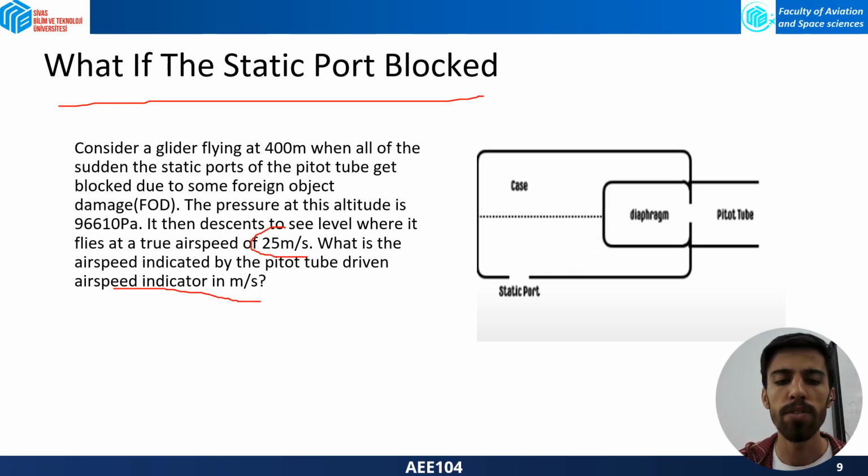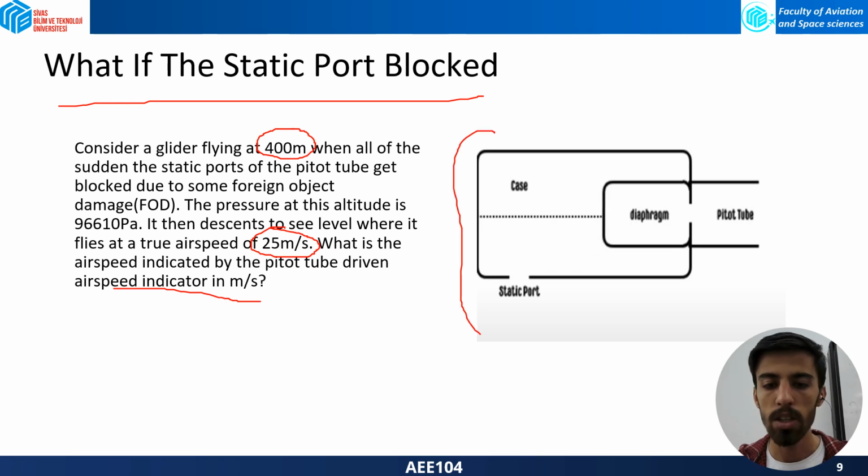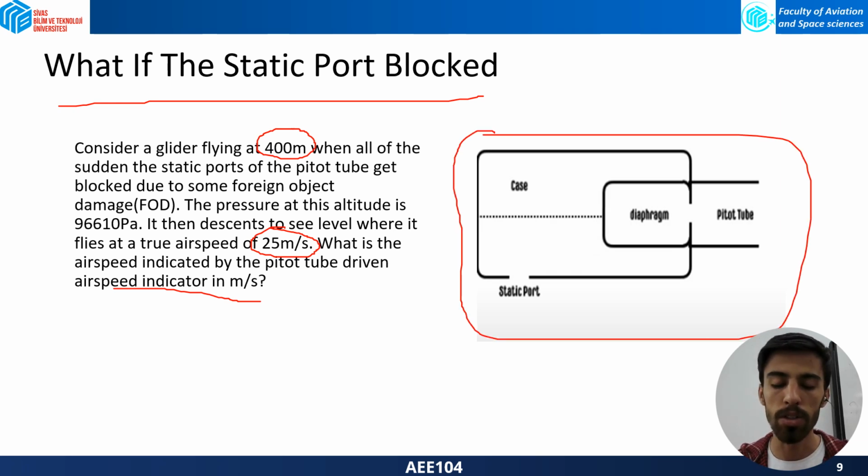The 25 is the true airspeed of our glider, and as you can see, at 400 meters the static port gets blocked, so the static port is not changing. As you can see in this diagram, the static port is blocked.